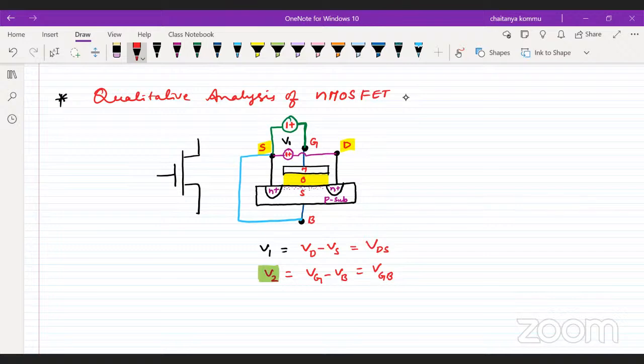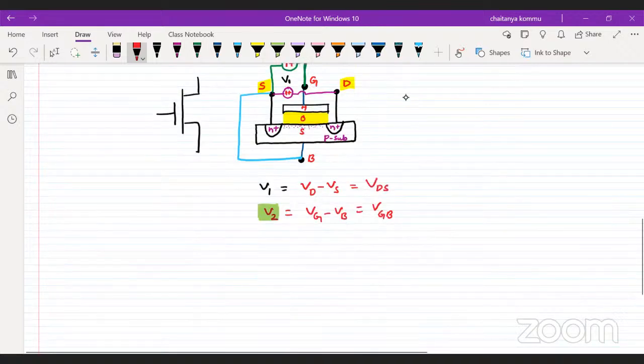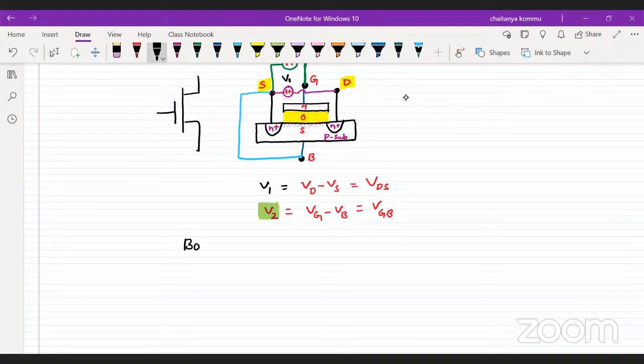If we do so, another advantage of removing the separate terminals for the bulk and source is that we can reduce, or eliminate, the body effect. The term I'm using here is the body effect.